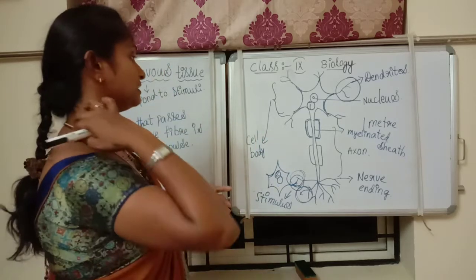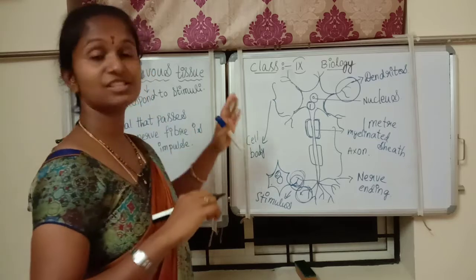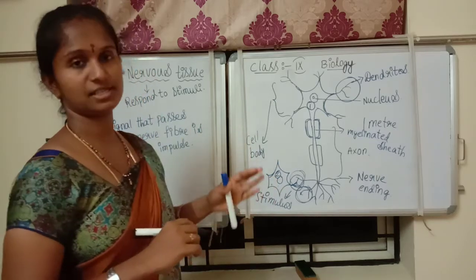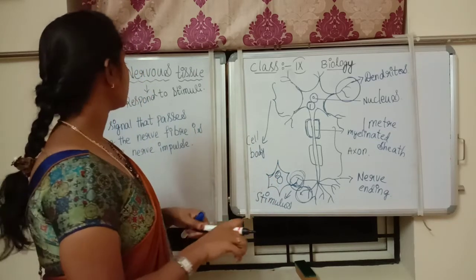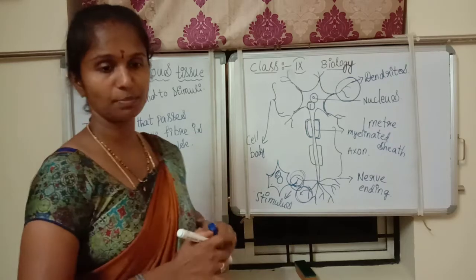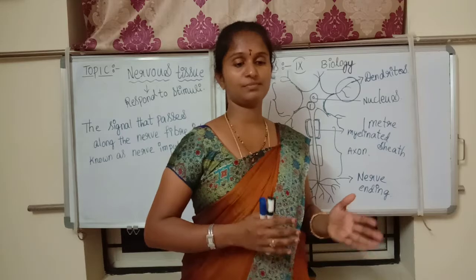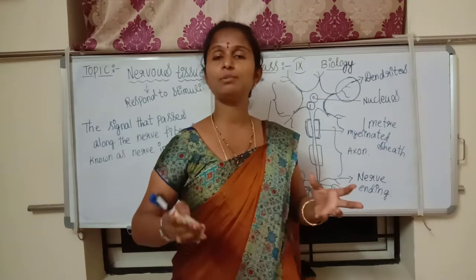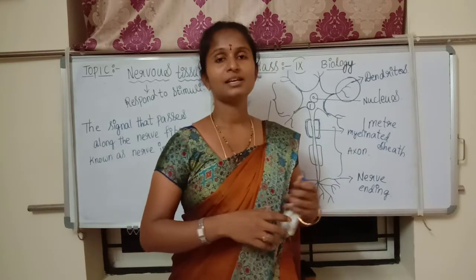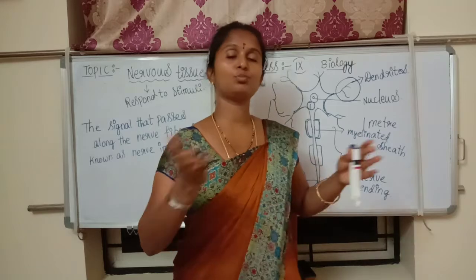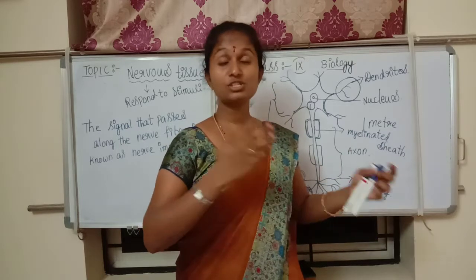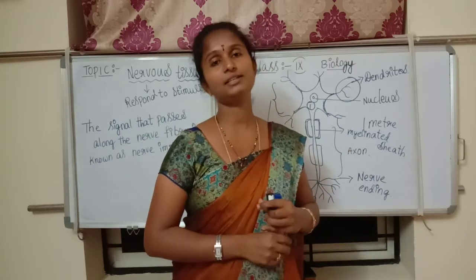And this was the nervous tissue that we discussed as today's topic, and let's revise the topic a little bit again. All the cells possess the ability to respond to stimuli, to move back, and the cells that stimulate are nothing but nerve cells.